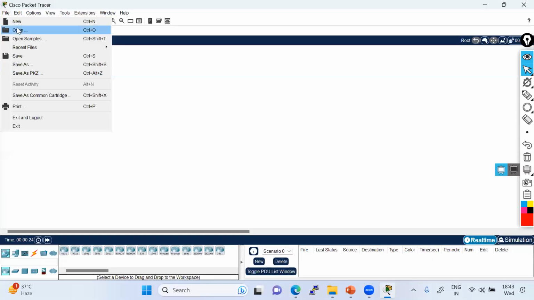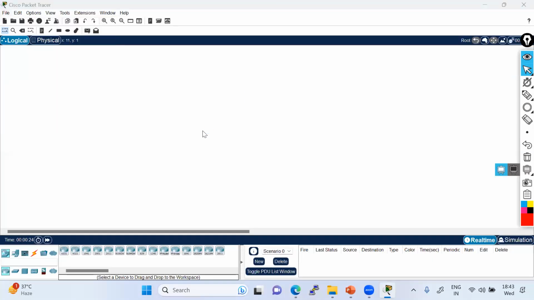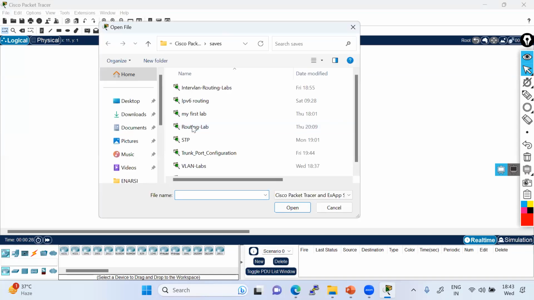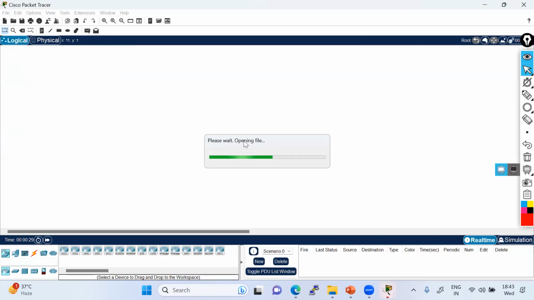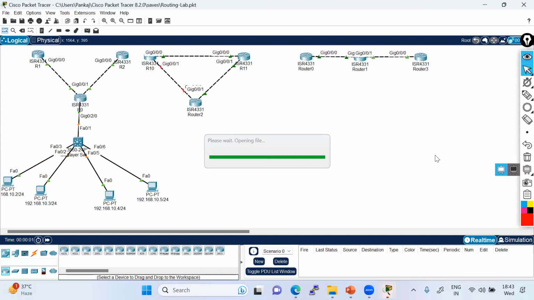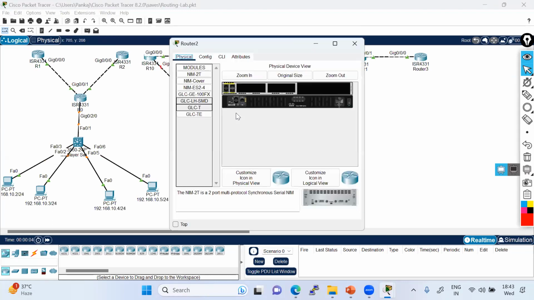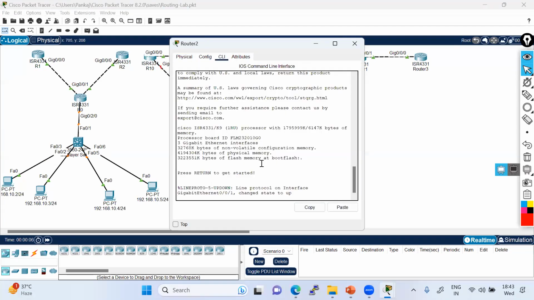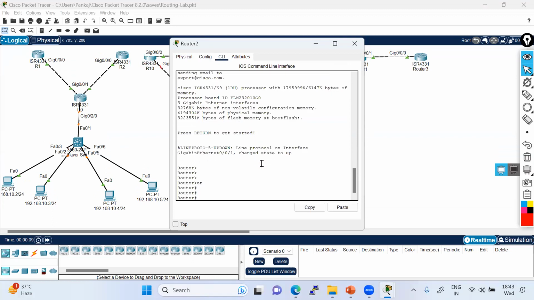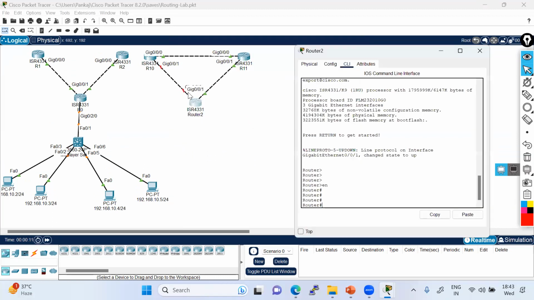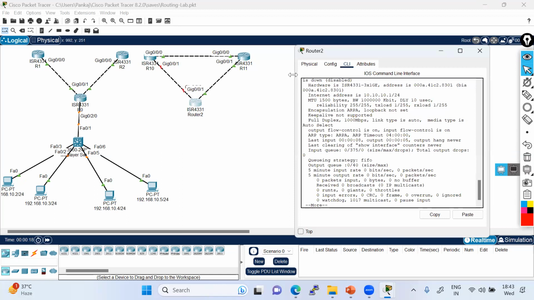So if I'm going to open a topology, any of the routers, you will just open it. So you will see all the problems the router is having. On any interface, you just go there, like gig 0/0, show interface gig 0/0. Just check. So you'll find a lot of information here.